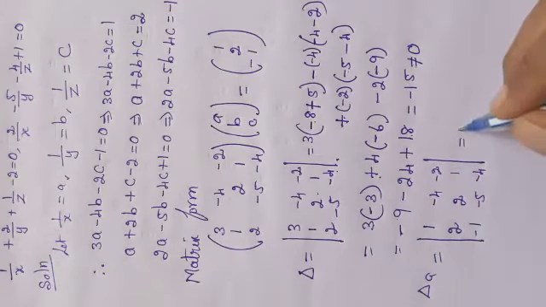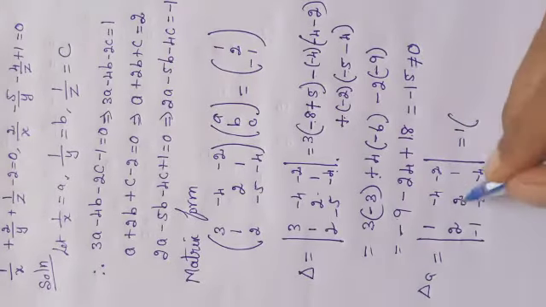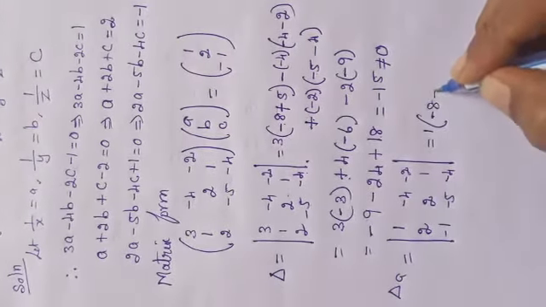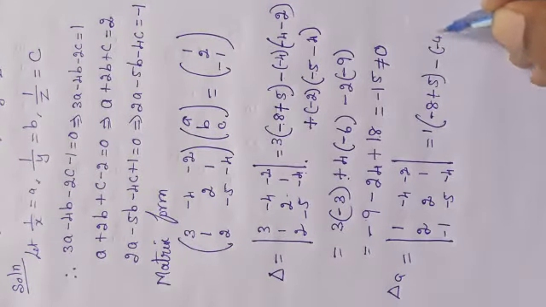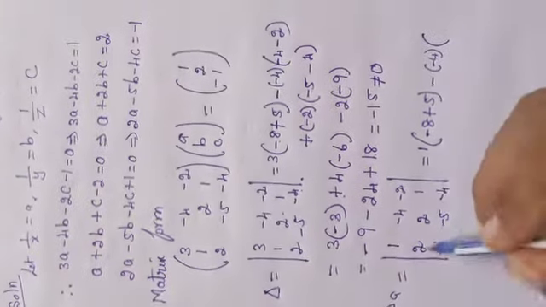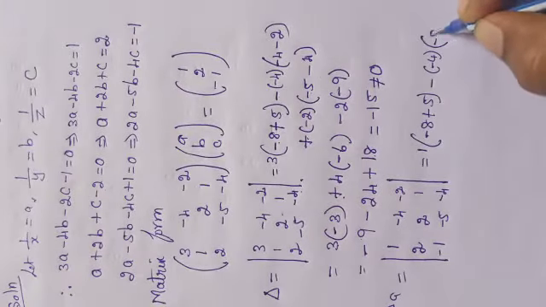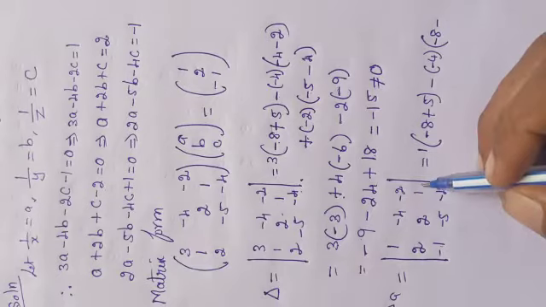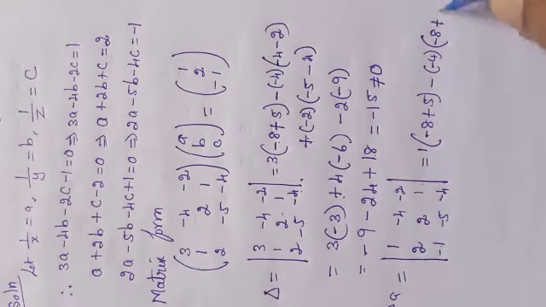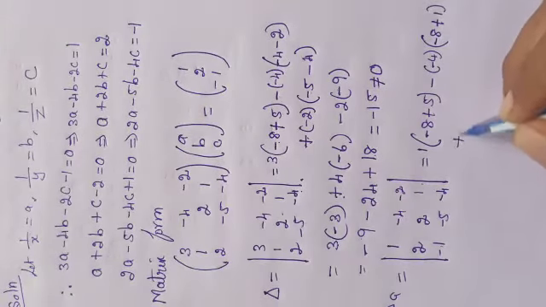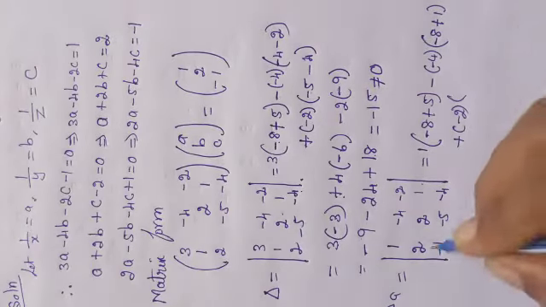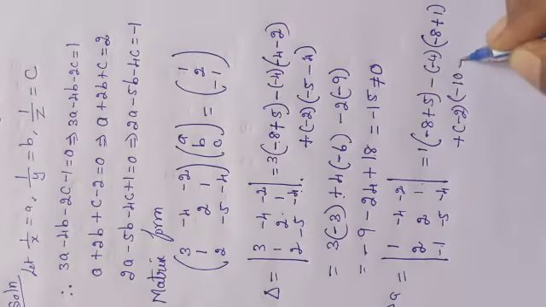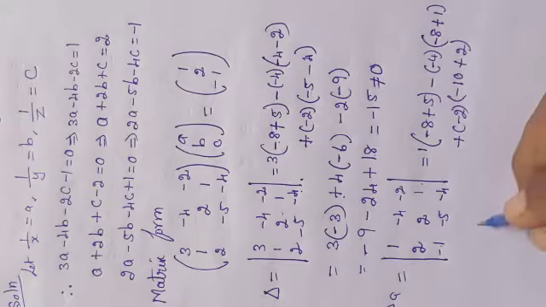Shall we simplify? 1 into, this is minus 8, minus 5, so plus 5. Minus 4 into 2 into minus 4 is minus 8, minus 1 into 1, minus 1, so it will become plus 1. Plus, here we have minus 2, so minus 2 into, this is minus 10, minus 1 into 2 is minus 2, it will become plus 2.